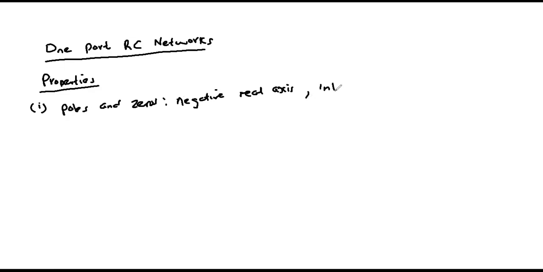All the poles and zeros of the transfer function must lie on the negative real axis and they interlace.